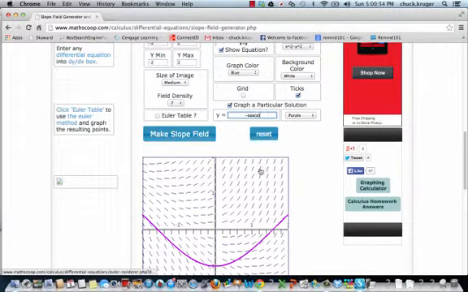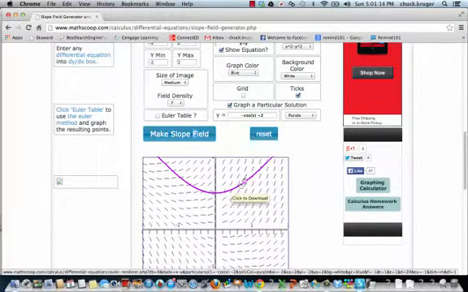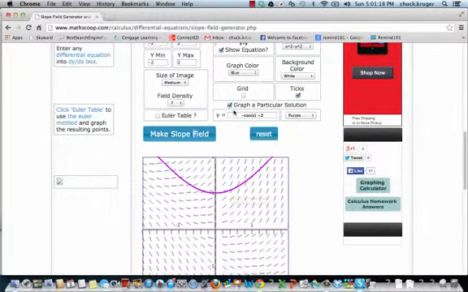Let's go plus 2. So I brought it up there. Yeah, I don't know if that's the particular solution.